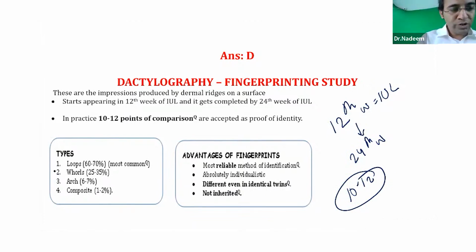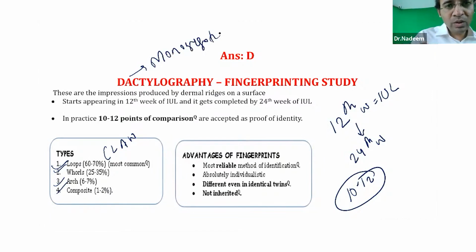Loop. Loops, whorls, arch, composite. Remember the claw. Please understand that fingerprinting is the most reliable method of identification. This will be different even in monozygotic twins. This is not inherited.